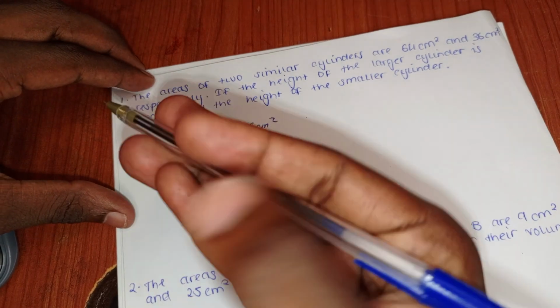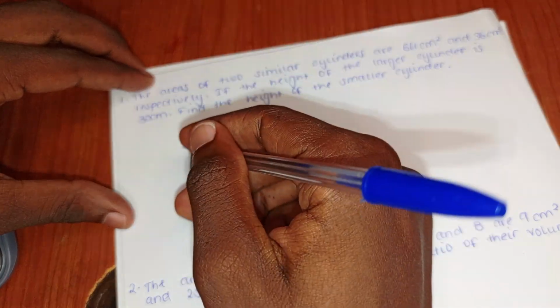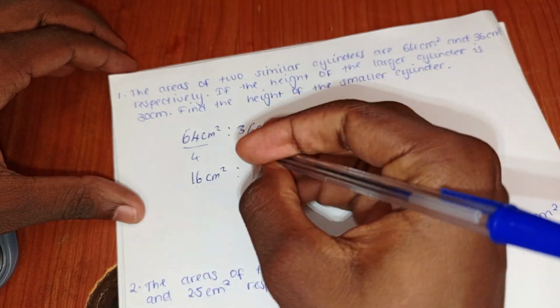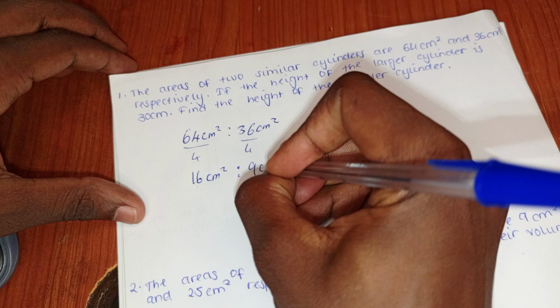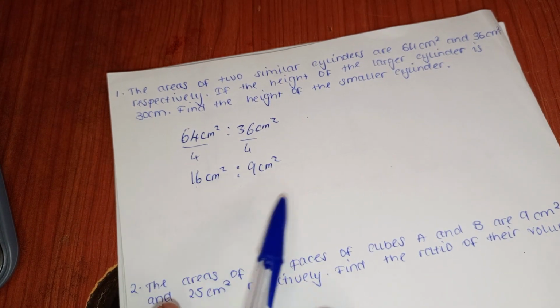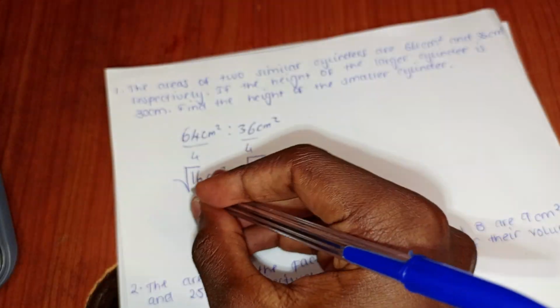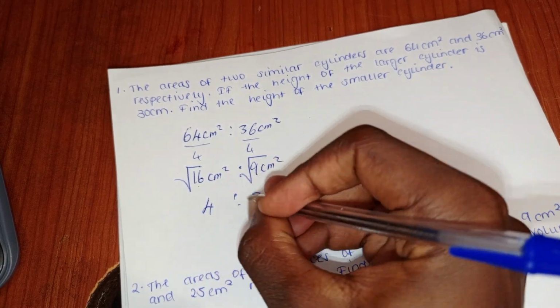So we divide by 4 over 4. 4 into 64 is 16 centimeters squared, 4 into 36 is 9. Now we can square root since we know the square root of 9 and 16. So we are going to have 4 to 3.